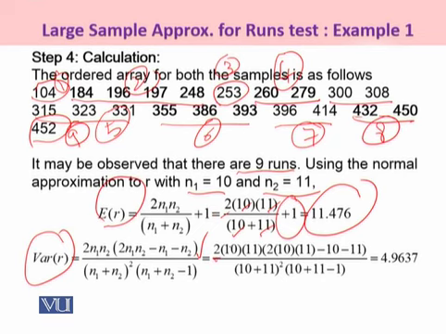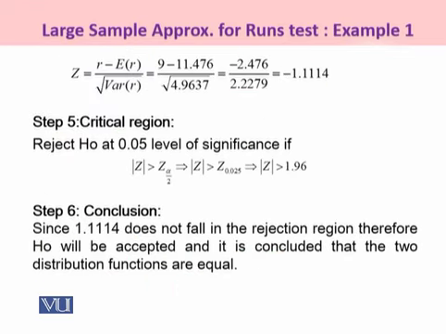Plugging in all the values of n1 and n2, we have calculated the variance of R as 4.9637. Now using the expected value and variance of R, Z is to be calculated. For 9 runs, the expected value is 11.476 and the variance is 4.9637, taking its positive square root and finally taking the ratio of the two values, I've got the value of Z as minus 1.1114.